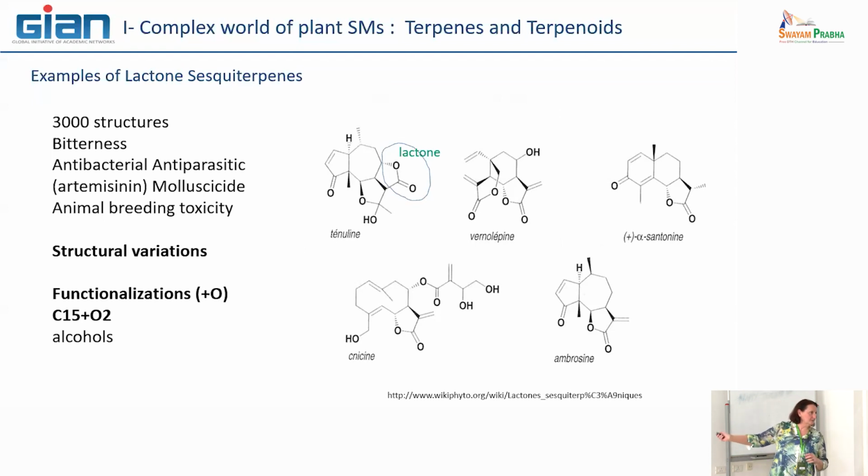Artemisinin comes from this type of structure, and in fact lots of these molecules are tested as antibacterial ones. So in the family of terpenes, these are very interesting to study and to characterize according to their biological activity. And in this case, you have different structural modifications and variations, okay?